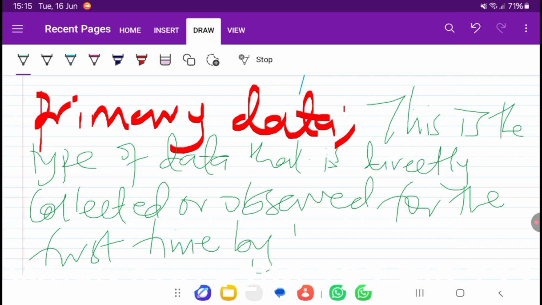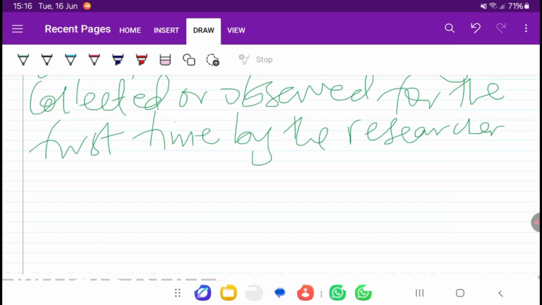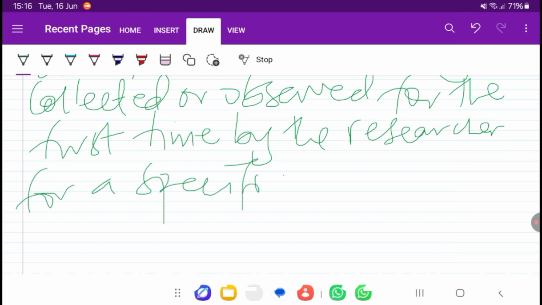By the researcher, for a specific purpose. Collected or observed by the researcher for a specific purpose, depending on what the researcher wants to find out.